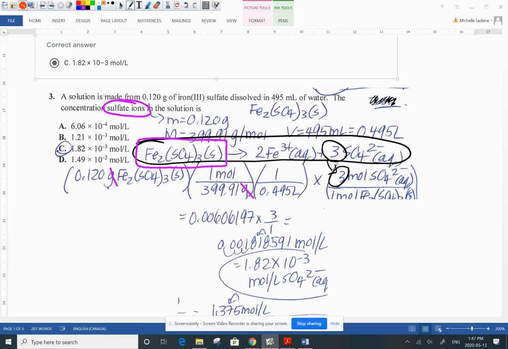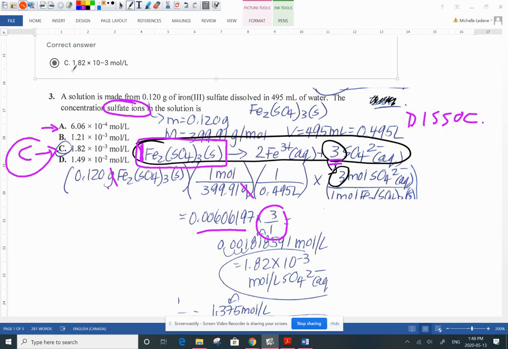And so you have to write out your dissociation equation to show that this ionic compound breaks up into its ions. And there's 3 moles of sulfate for every 1 mole of this iron 3 sulfate. So all of you who picked A, maybe you just saw it on your calculator and you're like, oh yeah, here's my answer. Well, no, you forgot the mole ratio. I times by 3/1. And then my actual answer, C, is correct.